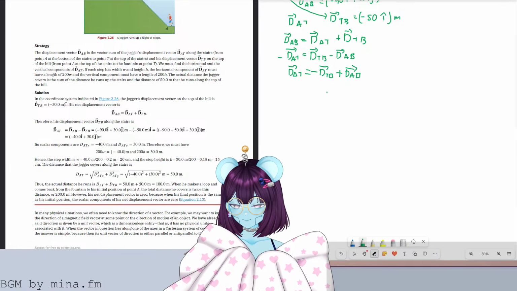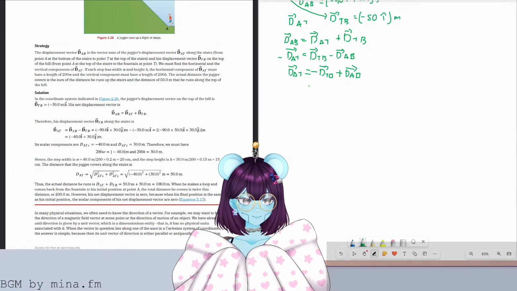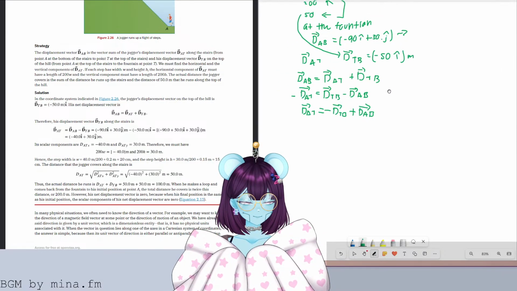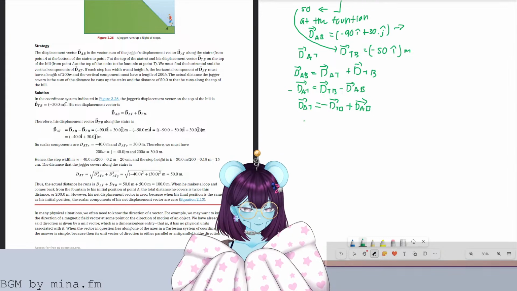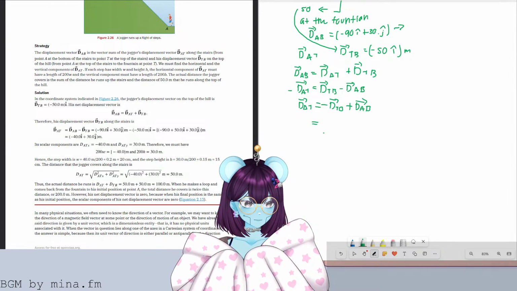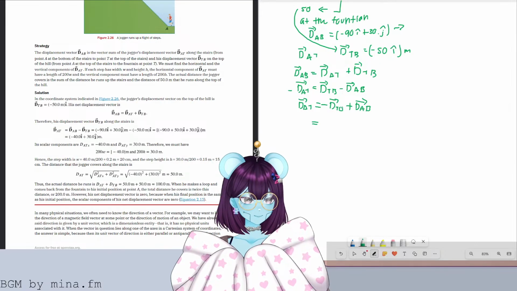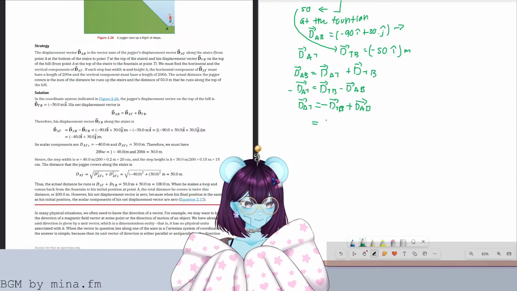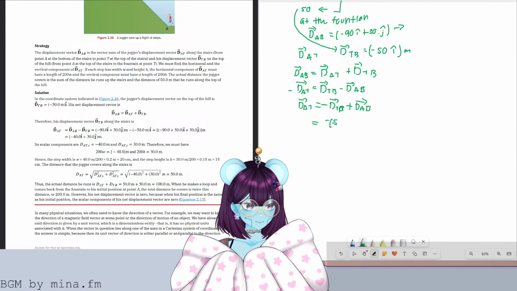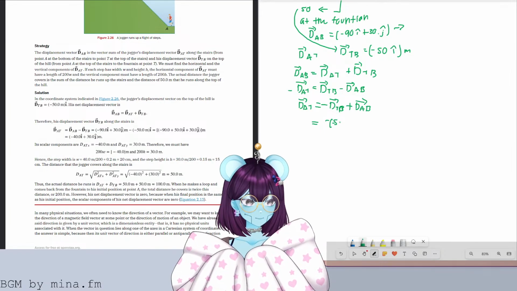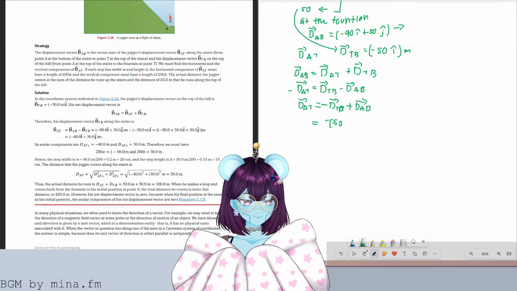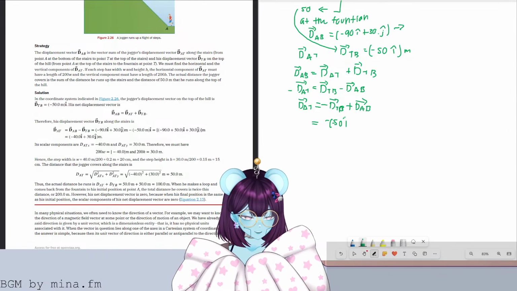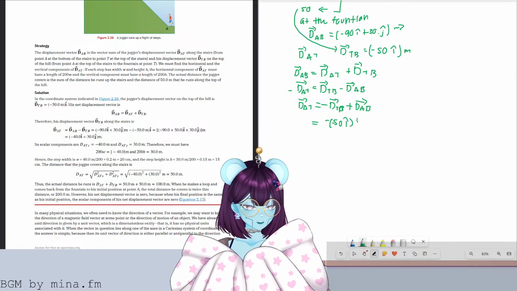And then you can just plug into the equation, so we get negative 50 i minus negative 50, which just becomes a positive later, but I'll leave it like that.